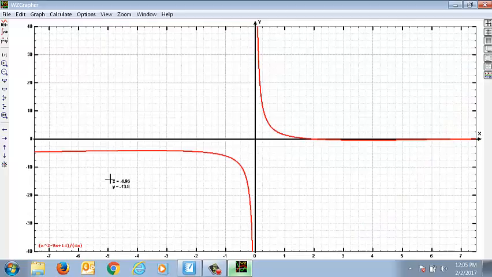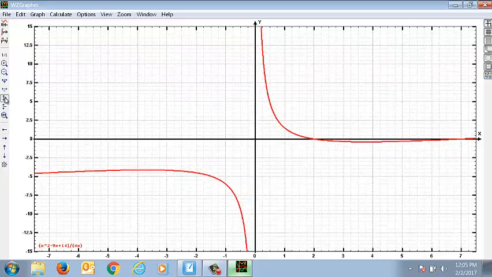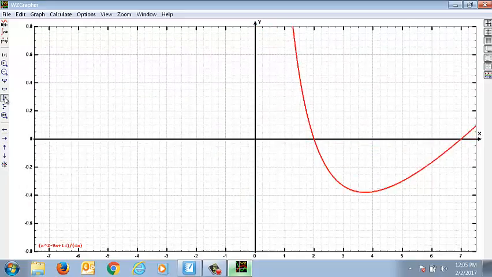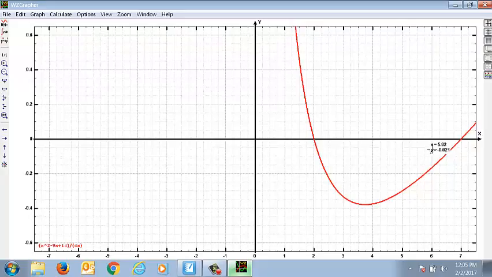And right now it's not completely obvious where it intersects the x-axis. So what you can do is zoom in the y direction, and that accentuates the curvature. And you see we've got an x-intercept at 2 and one at x equals 7.